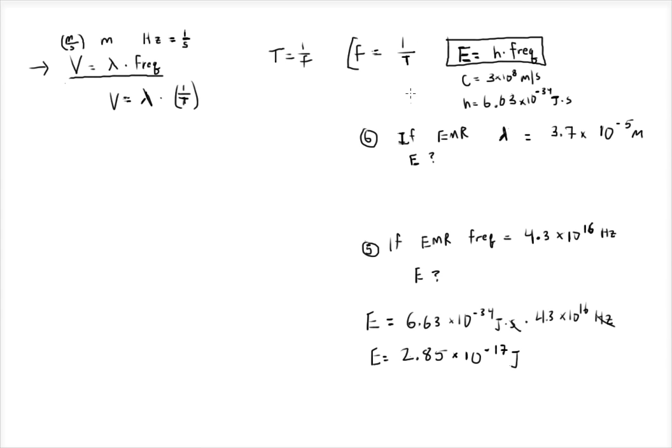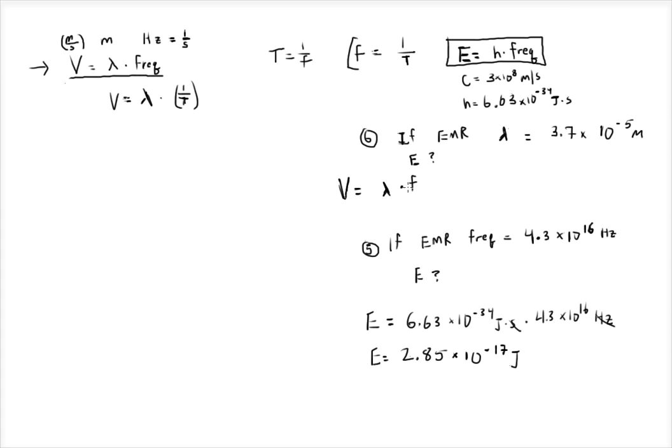The slightly more complicated version of that same question is if I gave you the wavelength, and then I asked you to find the energy. So now you're going to have to solve for the frequency. Velocity equals wavelength times frequency.